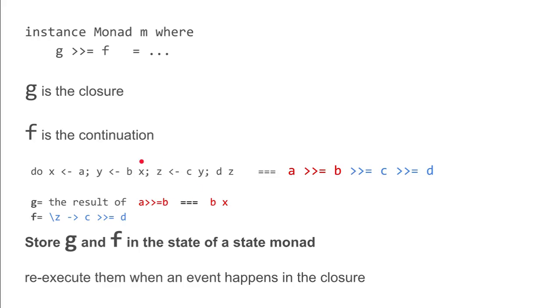So it is this Bx, and F is the rest, this one, which is C and D. So if we start from a state monad, if we build the new monad, the transient monad, over A with a transformer over a state monad, I cannot explain in detail what a state monad is, but think of it like it can store things that can be retrieved later.